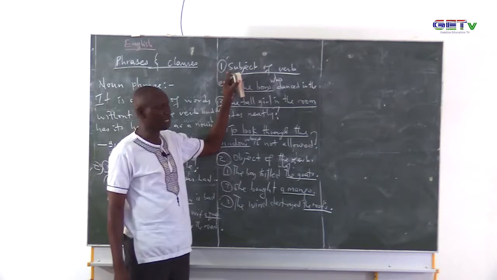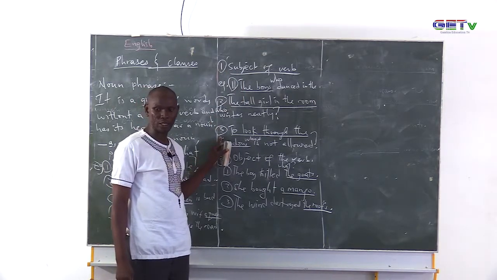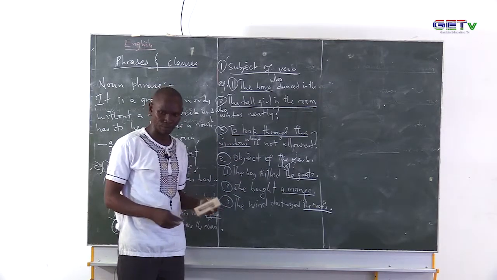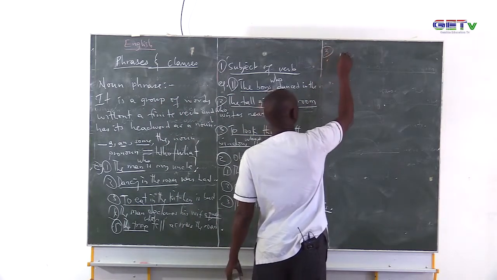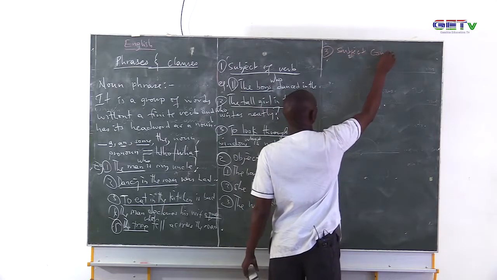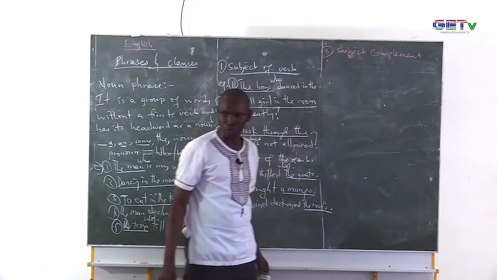The first function is subject of verb, the second is object of verb, and the third one should be subject complement.